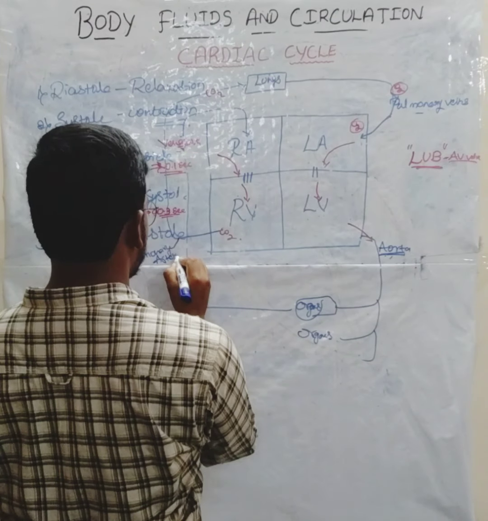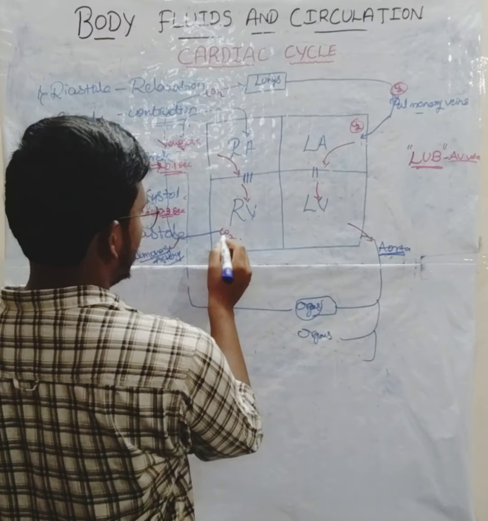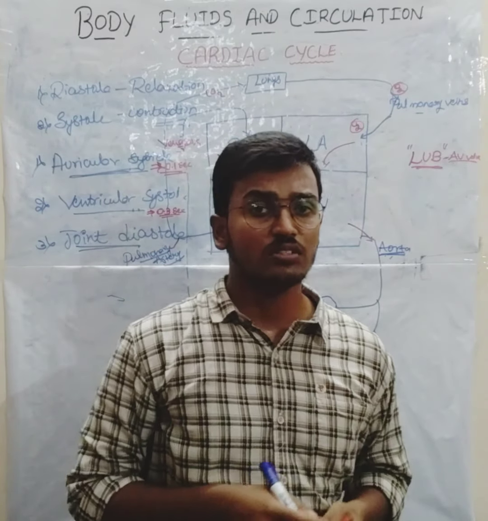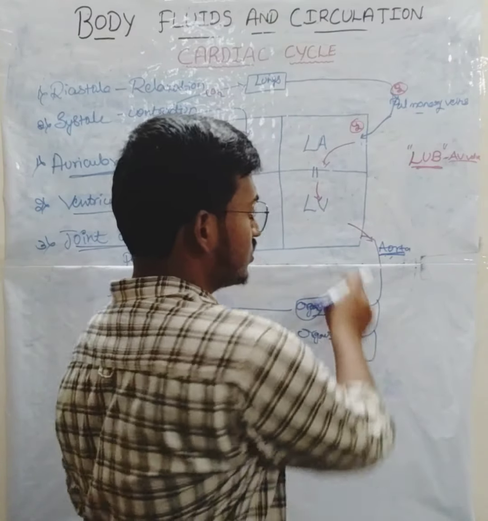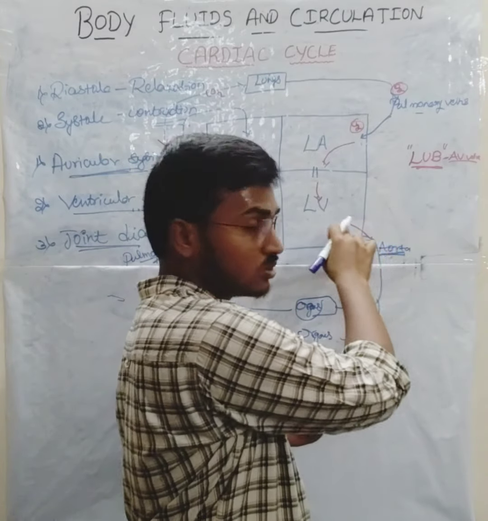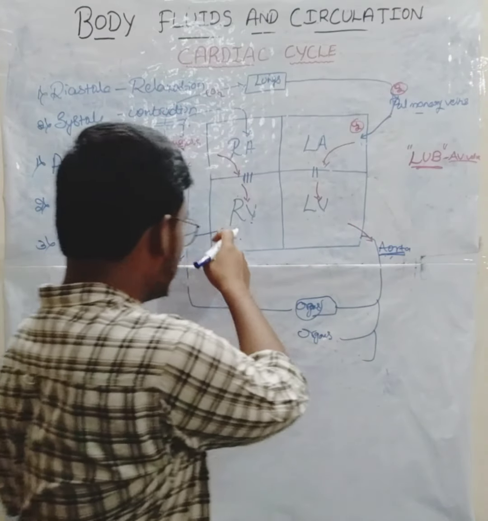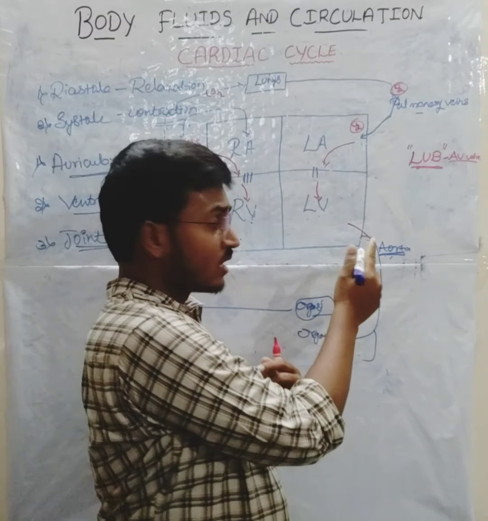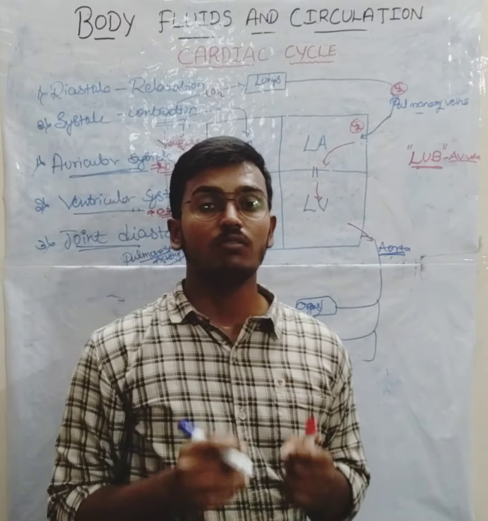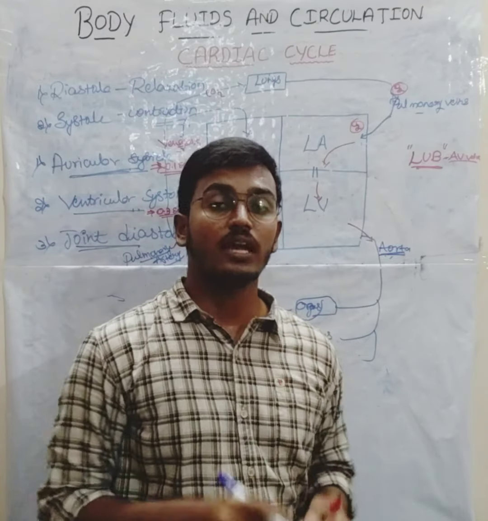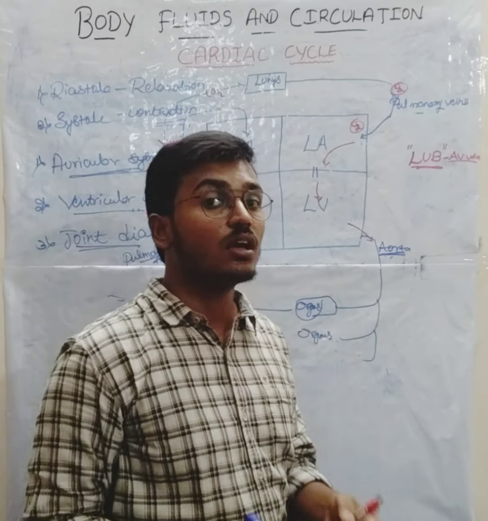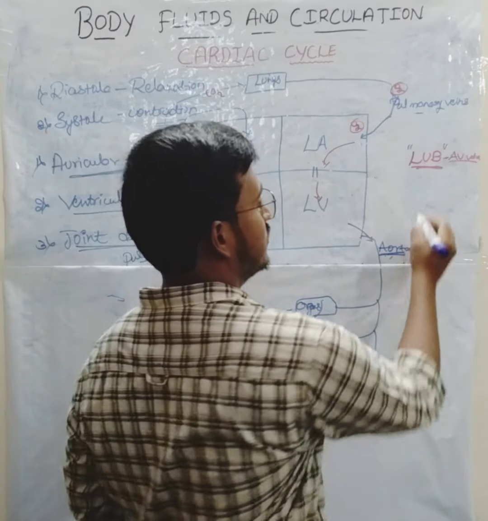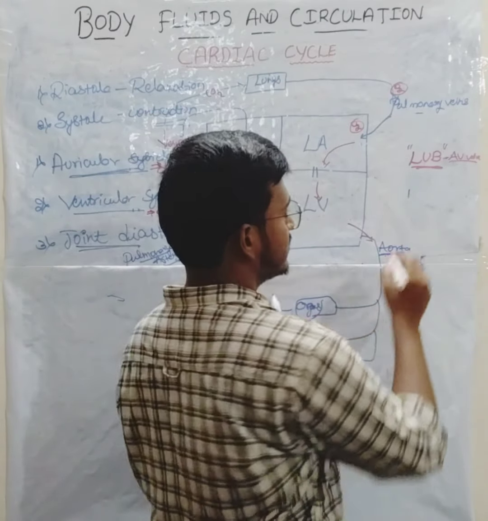I already told you, from the right ventricle the pulmonary artery has semilunar valves. Remember that through the semilunar valve the blood moves to the aorta, and through the semilunar valve of the right ventricle it moves to the pulmonary artery. So at the relaxed stage, the semilunar valves are closed, and at that moment it produces the dub sound.